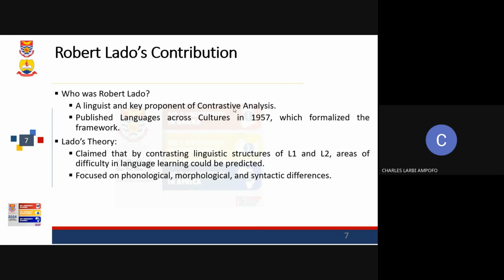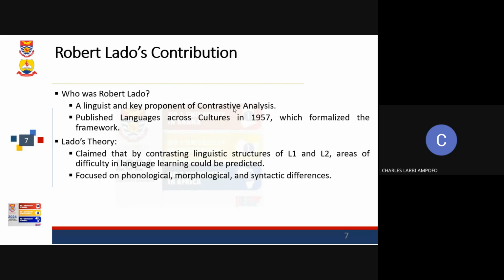So if you find yourself in Accra, in a typical government school in Accra, the local language there is Ga. It doesn't mean that all those in the classroom are Ga speakers, but that is the local language they are using. So let's take, for example, that that is the case.